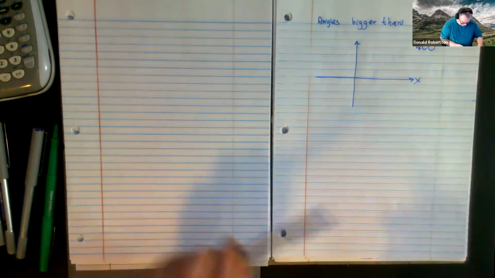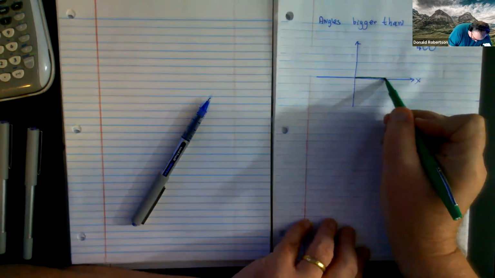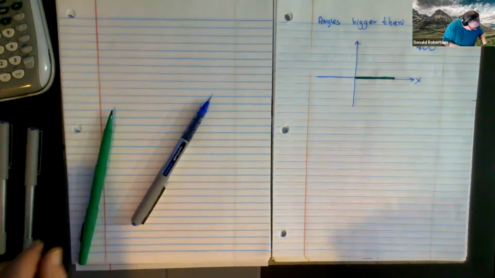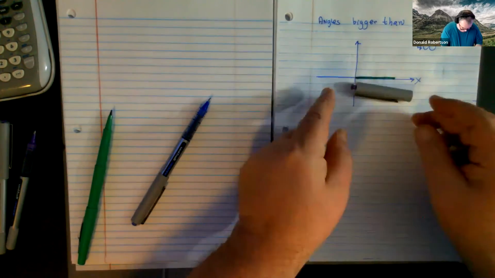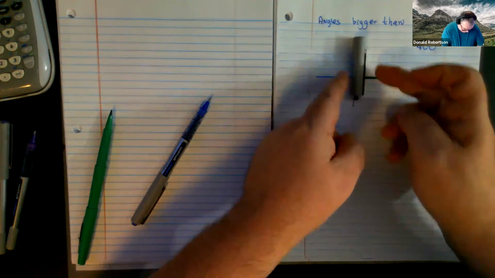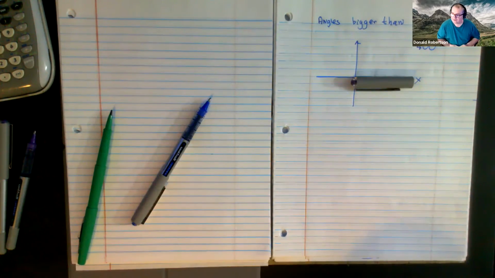Suppose I was going to do an angle of 400 degrees. Superficially, you might say, well, that's impossible, the most you can get is 360. Well, let's see if we can make sense of this. There's 0, 90, 180, 270, 360. Haven't I done 360 so far?